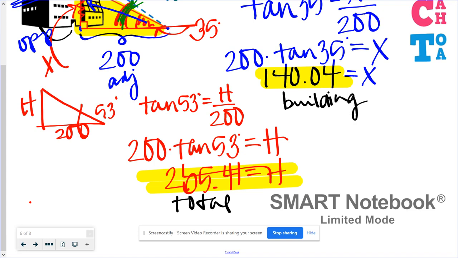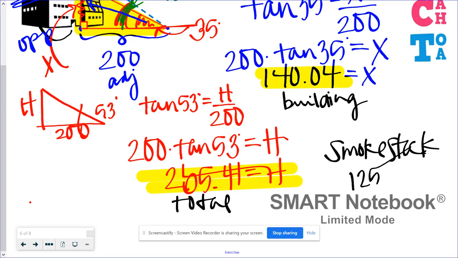And so if I subtract these, I will get just the smokestack. So let's calculate the height of the actual smokestack by going 265.41 minus 140.04. And so we're looking at 125.37 feet is the height of the smokestack.